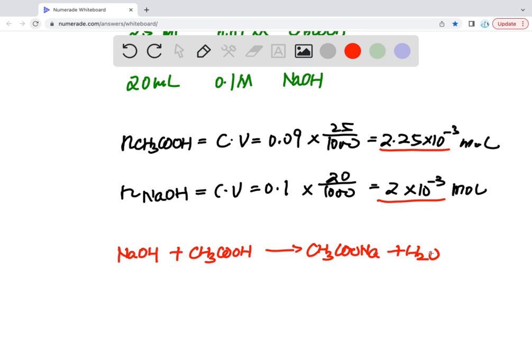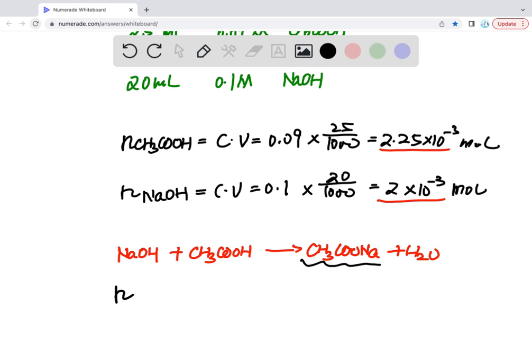So in the initial condition, you have more acetic acid than sodium hydroxide, so there would be acetic acid left. All the sodium hydroxide will be reacted and will produce sodium acetate.